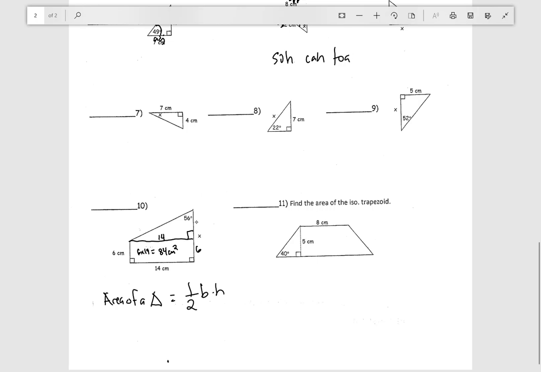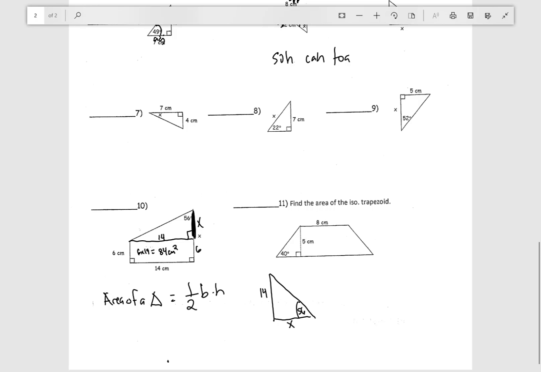So to figure out the base, I'm going to be figuring out this base right here. That's going to be my missing side, that x. So I'll break this triangle apart. Here's that 14 side. Here's that 56 degrees and the x.